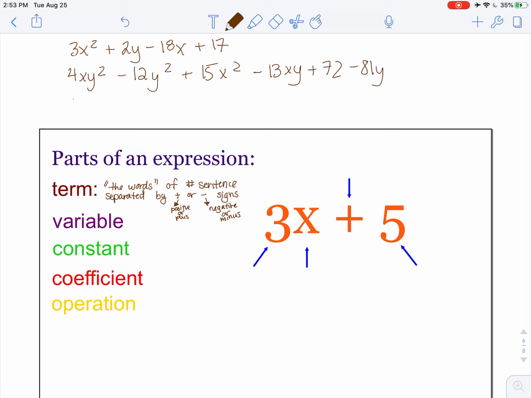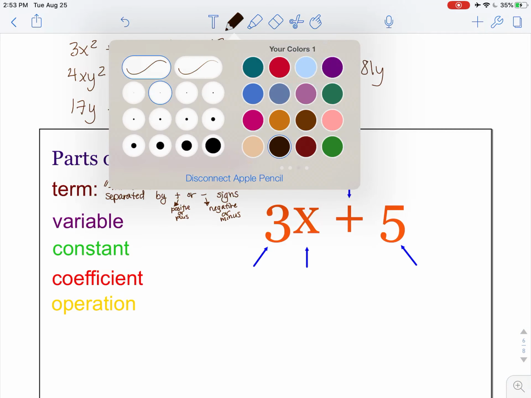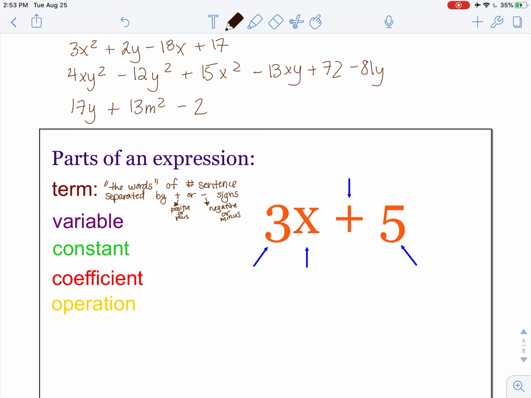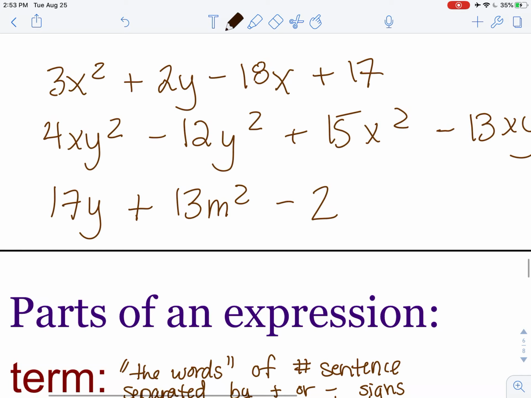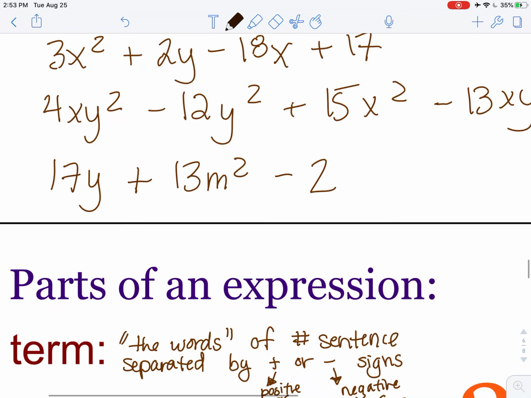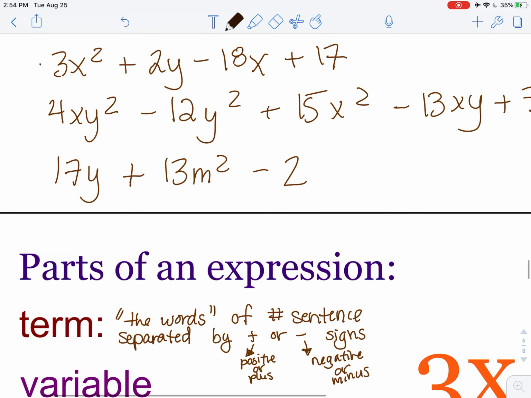And last but not least, we'll look at 17y plus 13m squared minus 2. All right, so let's identify how many terms there are. What we do to find the terms is we start all the way at the left, and we keep going until we run into that plus or minus sign, that positive or negative sign.